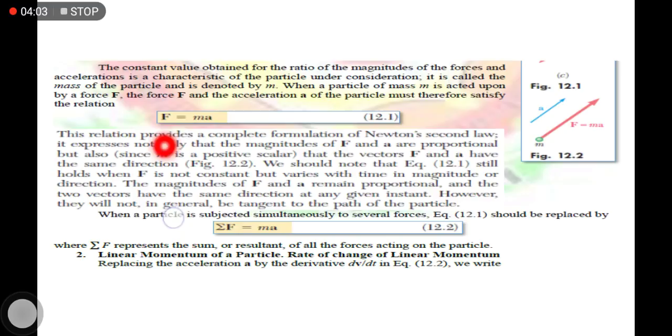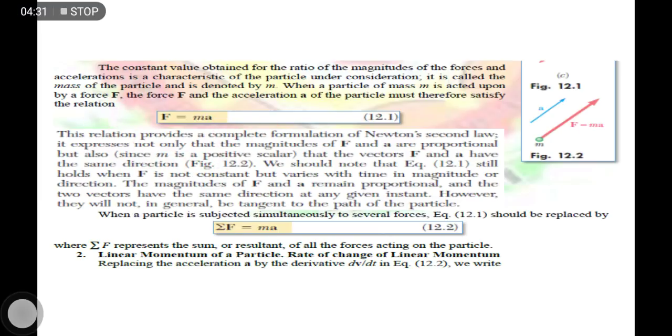For example, if you have an object with many forces acting on it, but not all the forces are given and only one force is given, and you immediately use F equals mass times acceleration, that would be wrong. The force in this equation is the resultant, or net force, acting on that object itself.